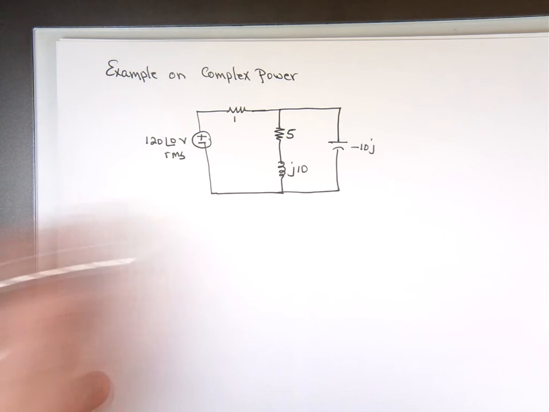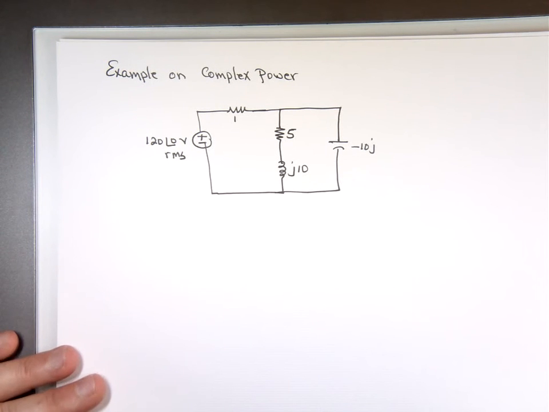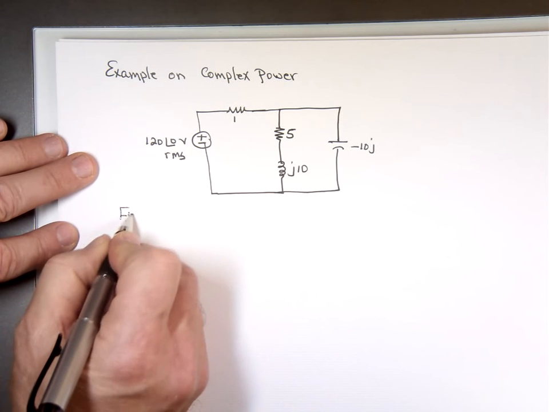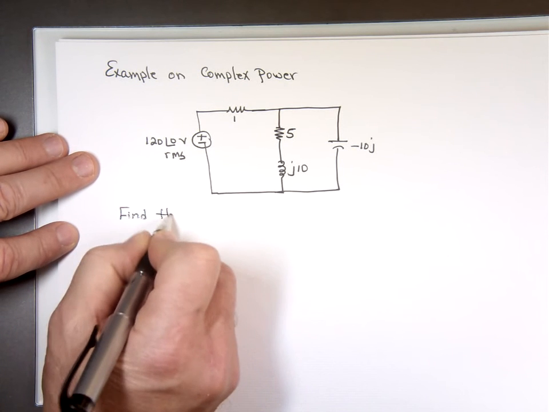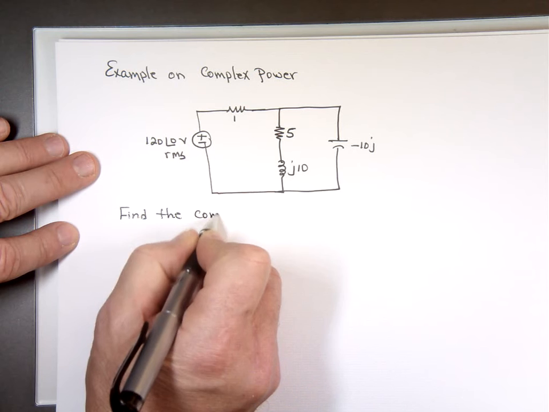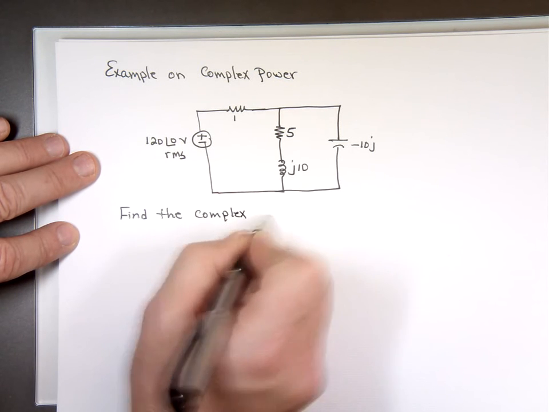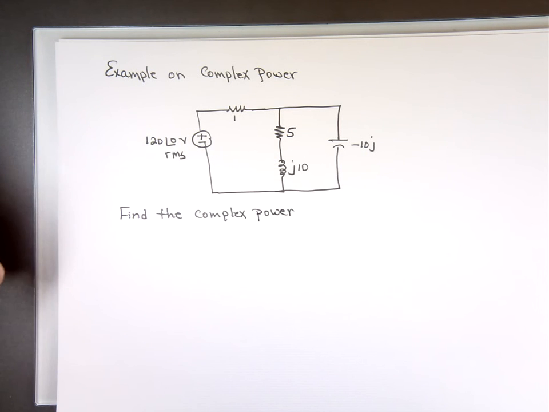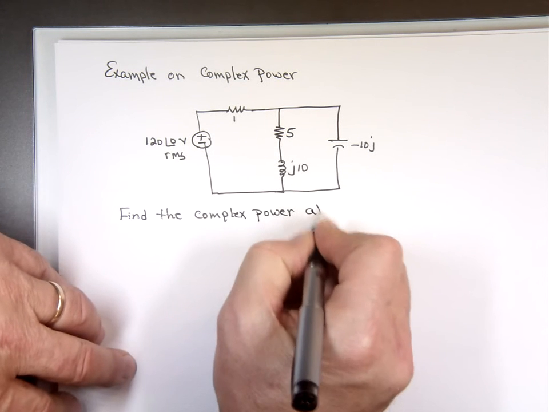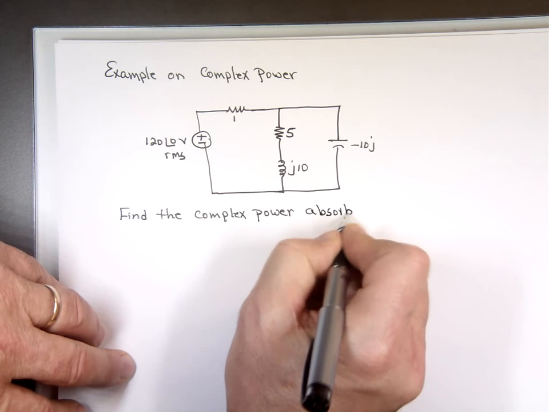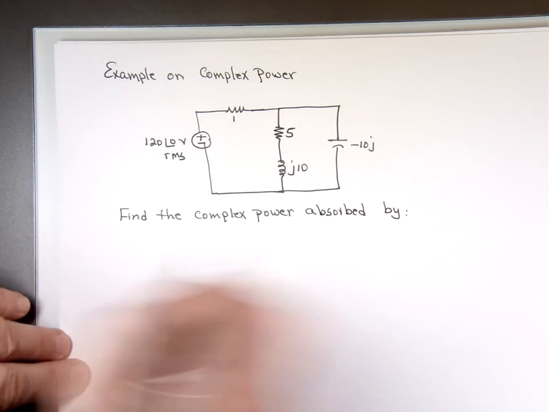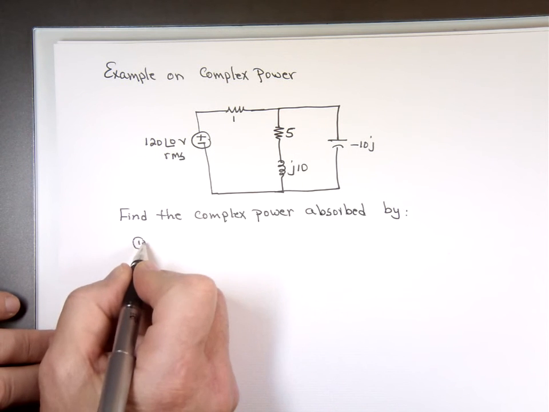So now, the question here: find the complex power. Our book gives you one example on complex power. That's this example, and that was it. So what we did last time was in your book. Find the complex power absorbed by, the first question, the 1 ohm resistor.